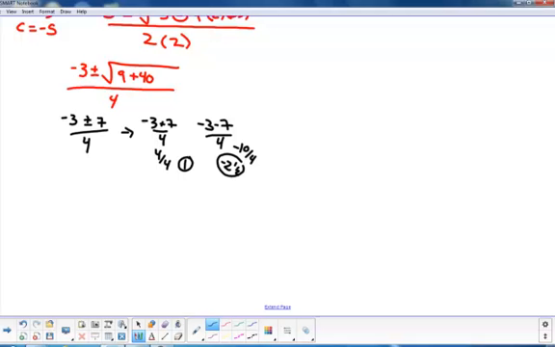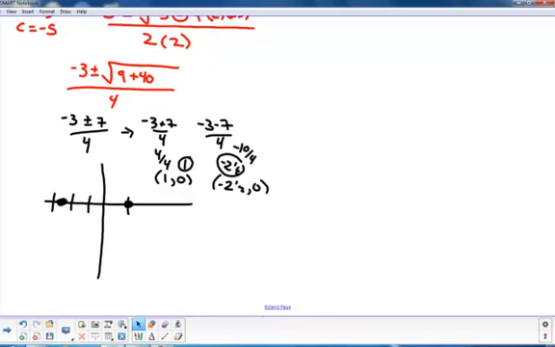So what this tells us is if you look at a graph, our two zeros are at 1 and at negative 2.5. Therefore, the line of symmetry is directly in the middle. You could find other points and plot that, but these are two ordered pairs. 1 gives you 0, and negative 2.5 gives you 0.